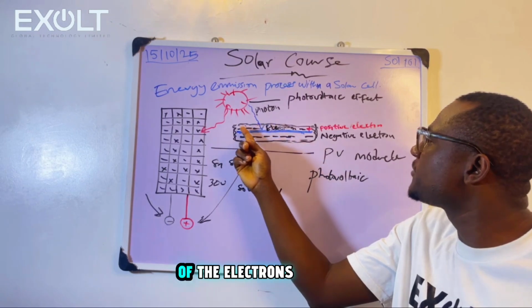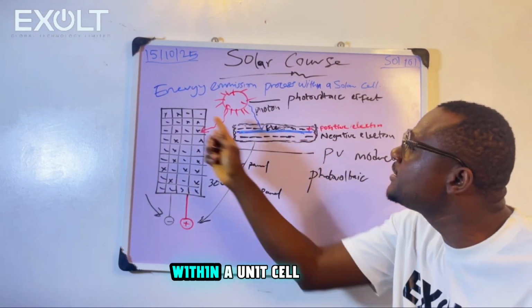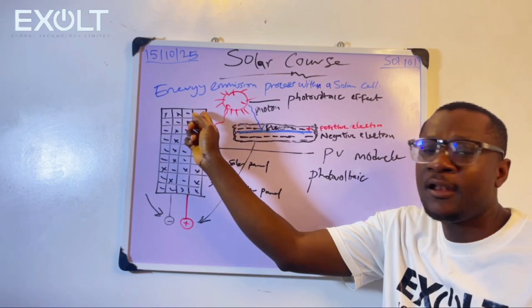This movement of the electrons is at fast speed and begins to generate energy. This is happening within a unit cell of a solar panel.